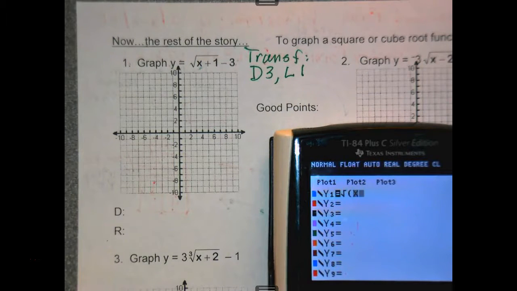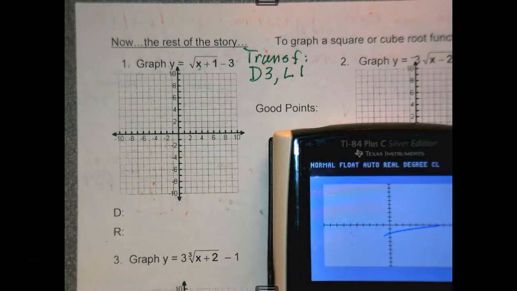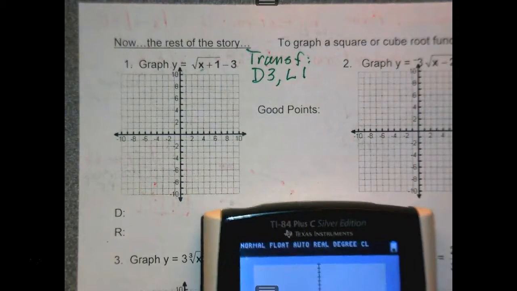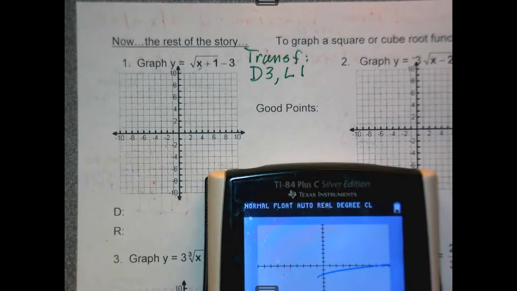X plus 1, close parenthesis, minus 3, graph. Let's bring up our table.